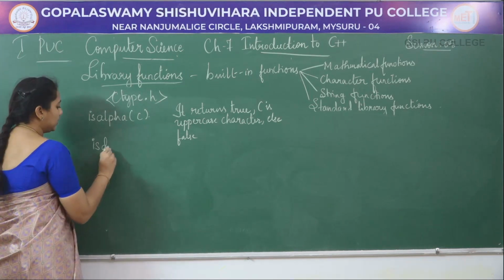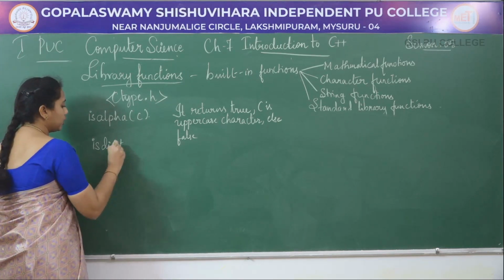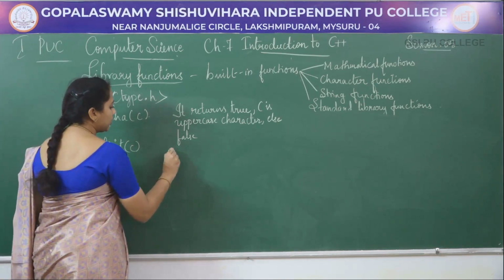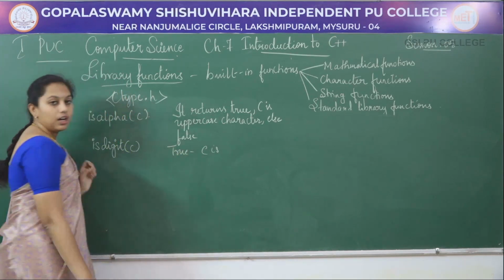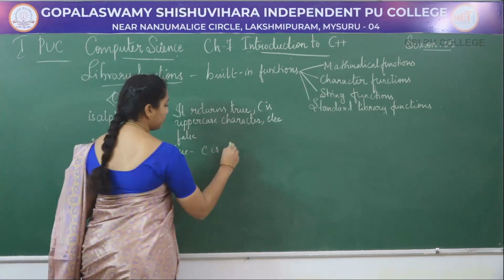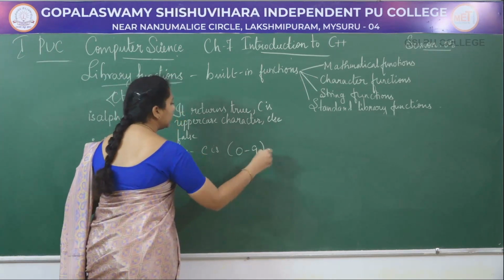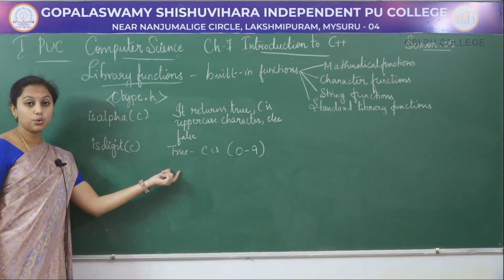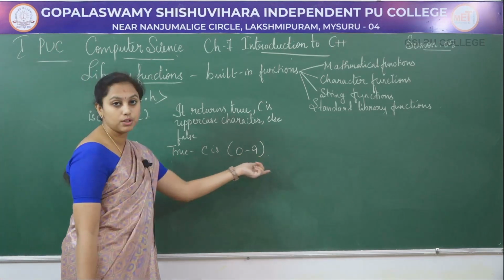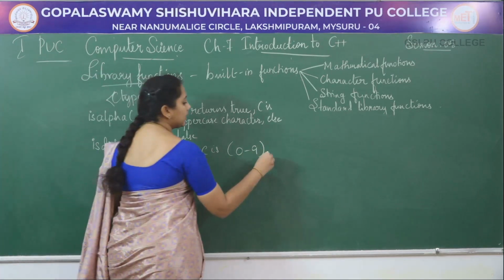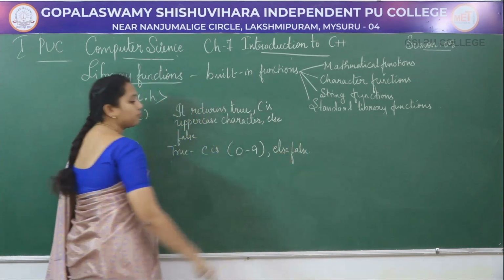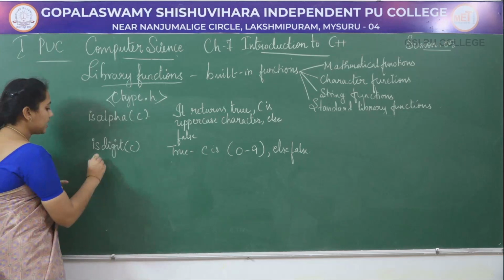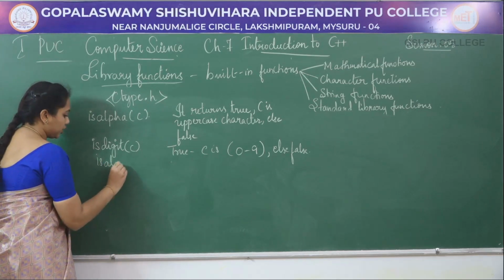Next is the isdigit function. It returns true when c is a digit from 0 to 9, else it returns false.